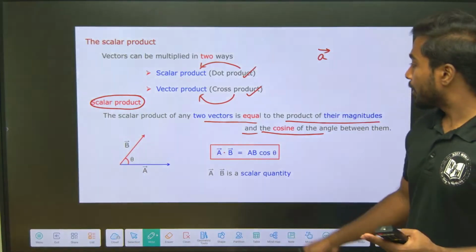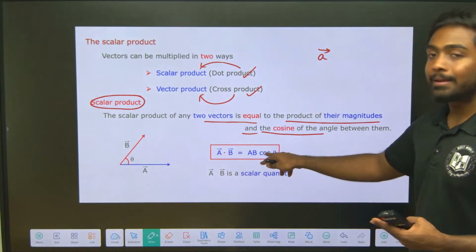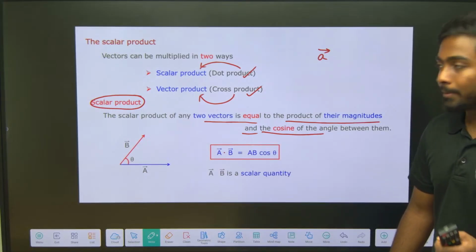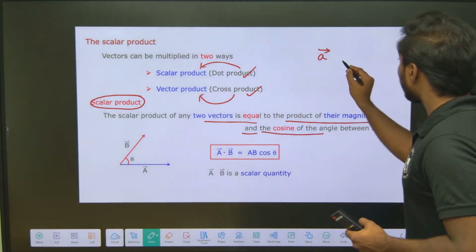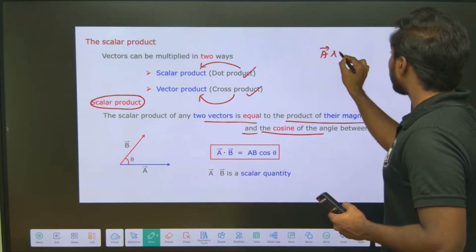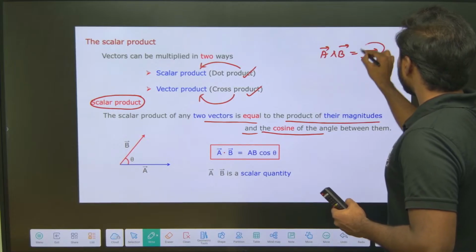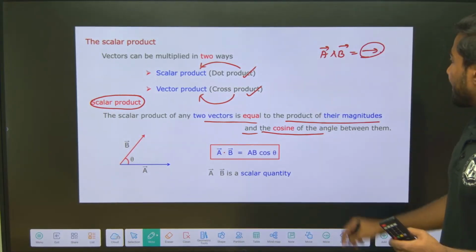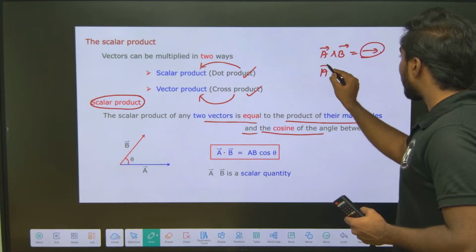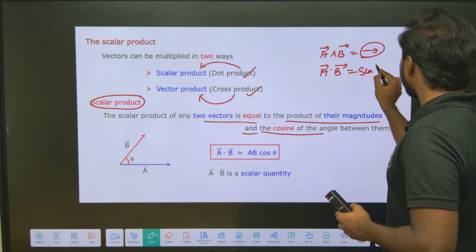When I do a dot product of two vectors, the resultant will be a scalar. When I do a cross product, like a vector cross b vector, the resultant will again be a vector only. But when I do a vector dot b vector, the resultant will be a scalar product.